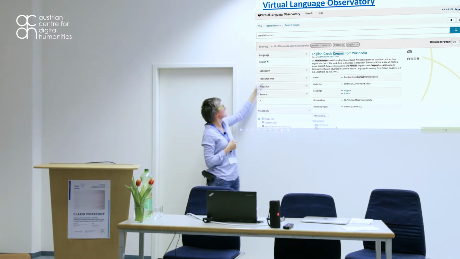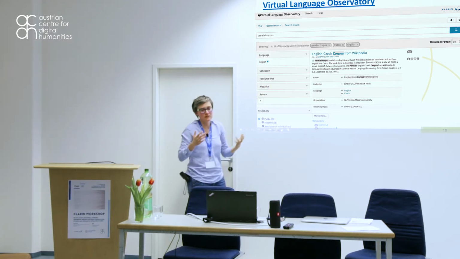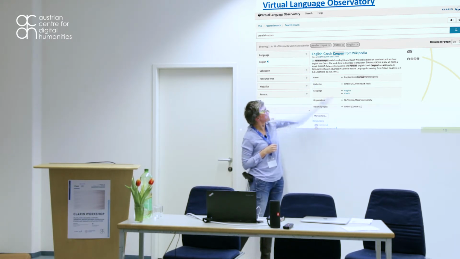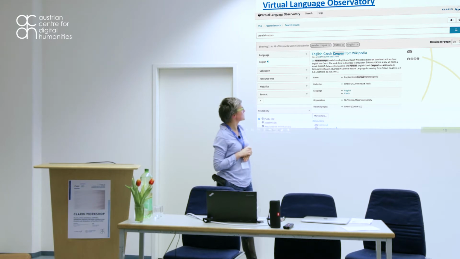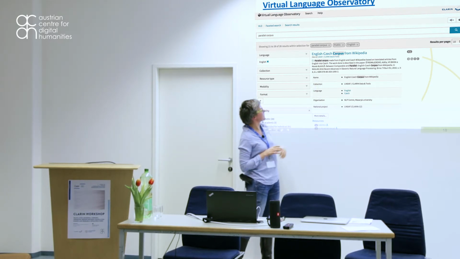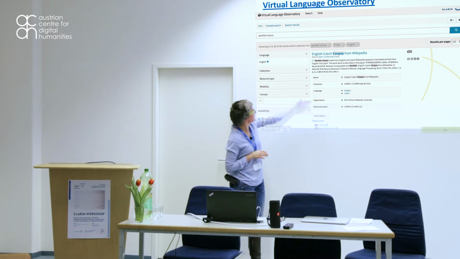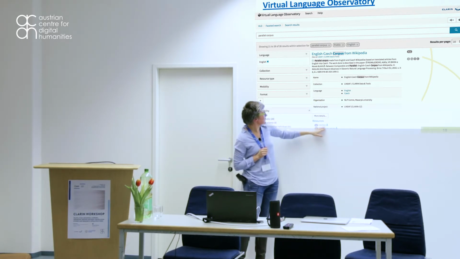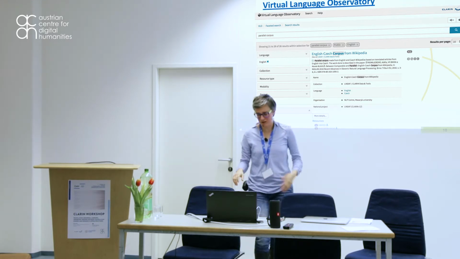I'm interested in a corpus or in a parallel corpus, and so on. And then you get hits listed here, just like with the Google search engine. And then you can focus on one particular resource, read about the metadata, the licensing issues, and even download the resources.